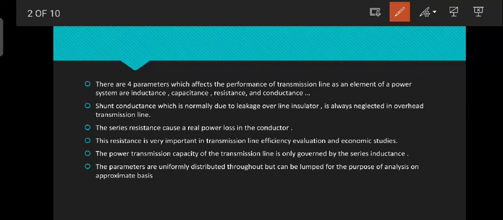Okay, so let's see about capacitance. What is capacitance? Capacitance stores the energy in an electric field. The structure of a capacitor is like that.